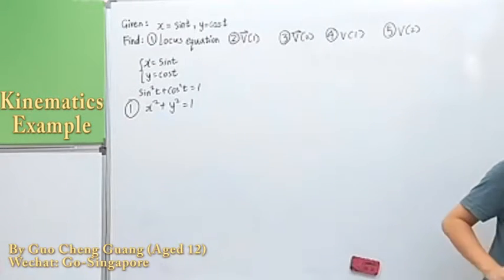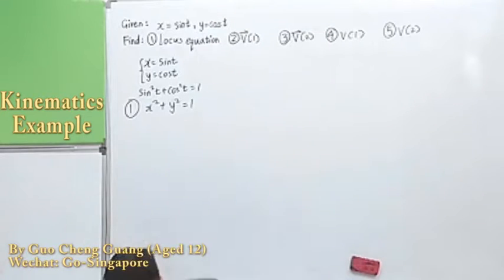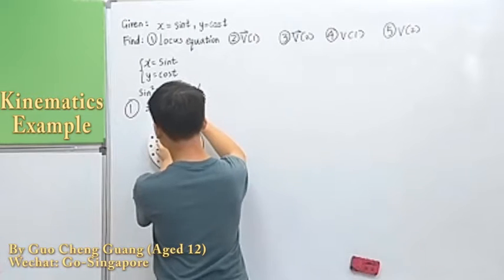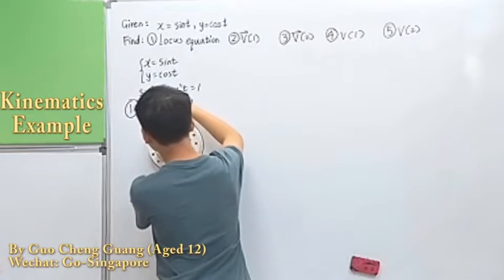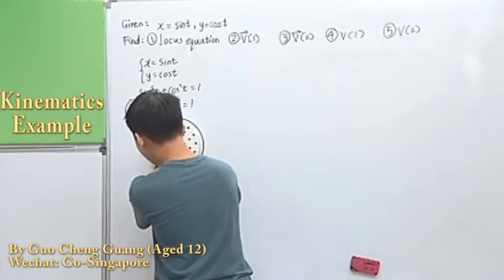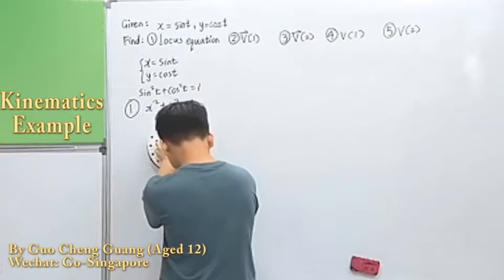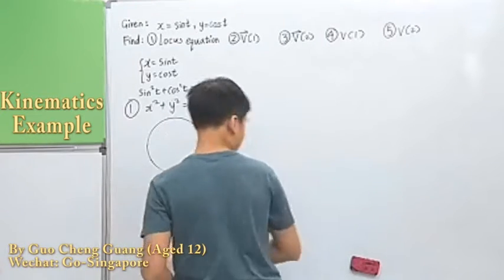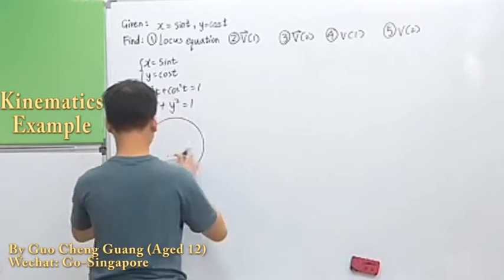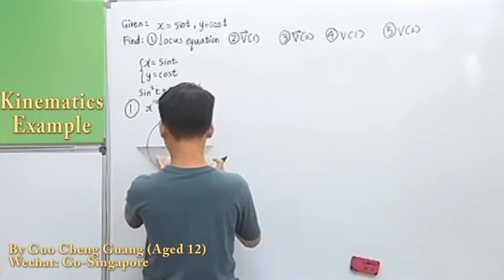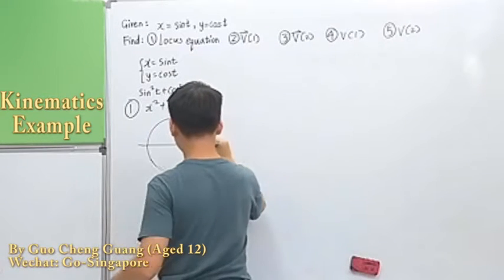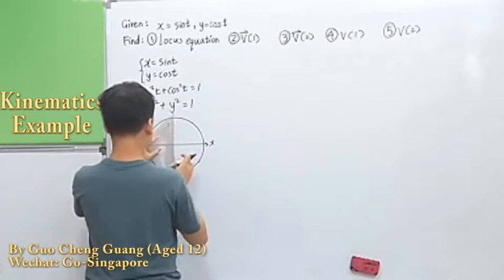So what comes out? This circle here, after you have your different axes.